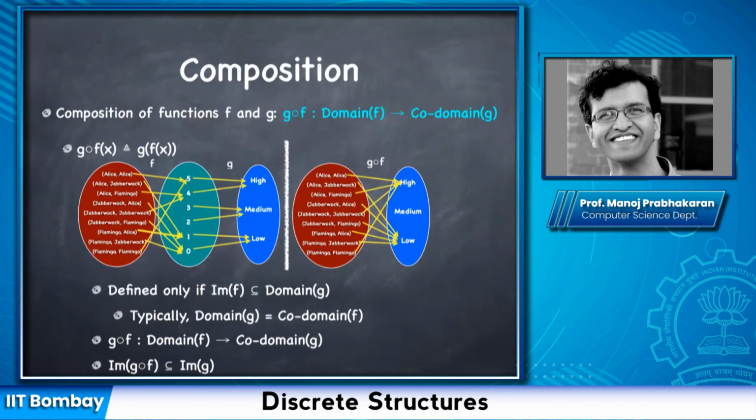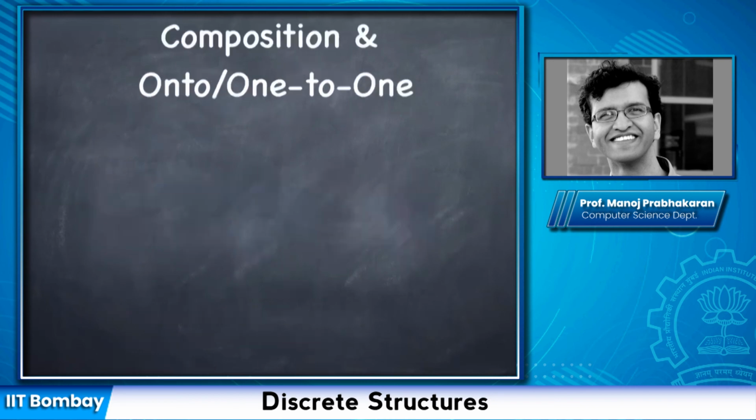So very quickly, this is what composition looks like. Technically, all you really need for a composition to be defined is that the image of F is contained in the domain of G, but typically we would take the domain of function G to be the entire codomain of F. So let's stick to that for now.